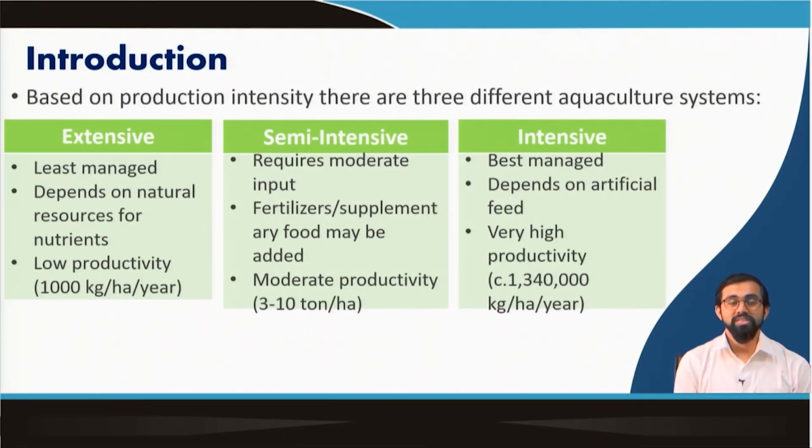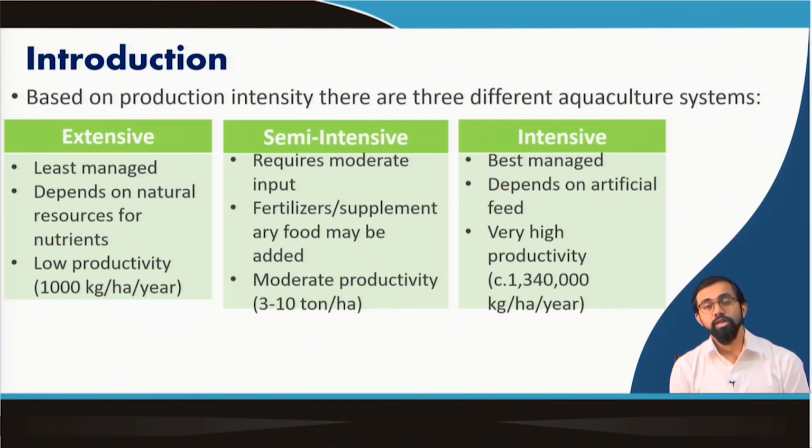We already know the difference between extensive, semi-intensive and intensive aquaculture. Extensive is the least managed aquaculture system. It depends on natural resources for nutrients and has a very low productivity of around 1000 kg per hectare per year. Semi-intensive requires moderate input; fertilizers and supplements may be required.